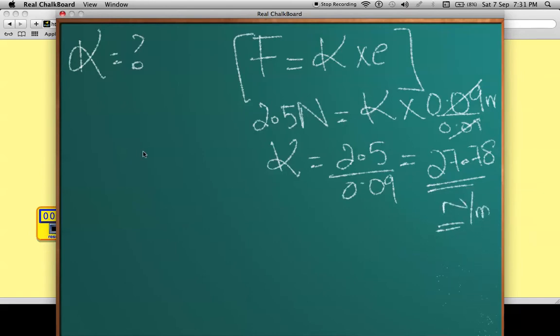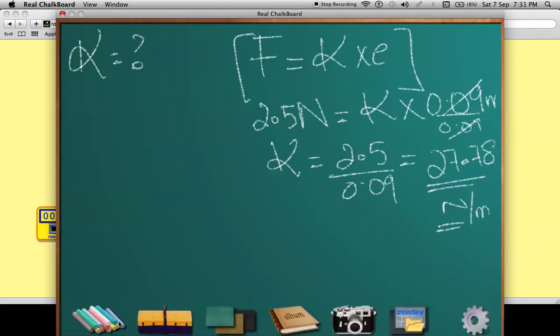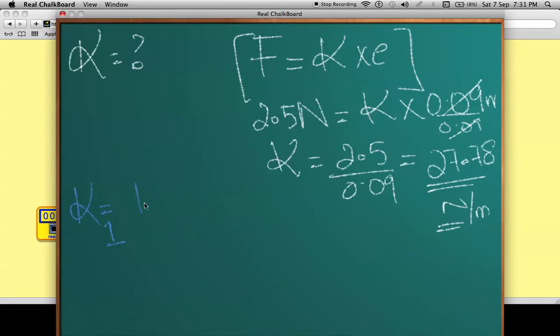This is the new stiffness of the spring. So what happens? Earlier, the stiffness was 11.11 newtons per meter, but when I hardened the spring, the new stiffness becomes 27.78.